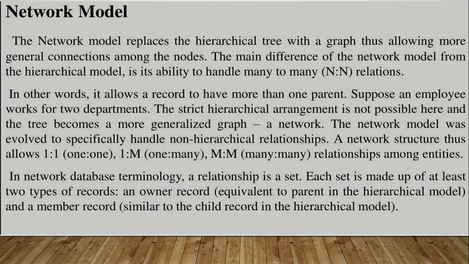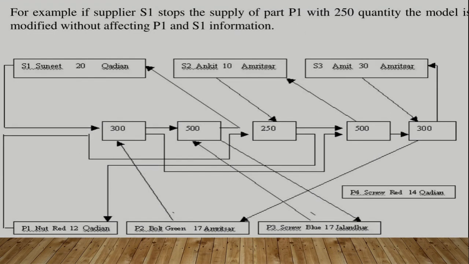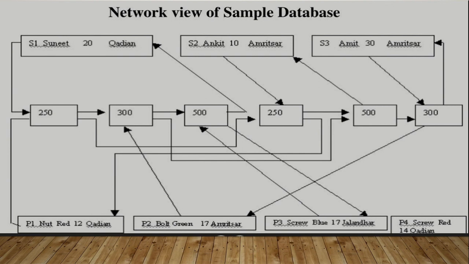So we have this example in which S1, S2, S3 are three suppliers, and P1, P2, P3, P4 are some of the parts that are supplied by the three suppliers S1, S2, S3. So this is a diagram of the network in which every supplier is linked with the parts through pointers basically, right?